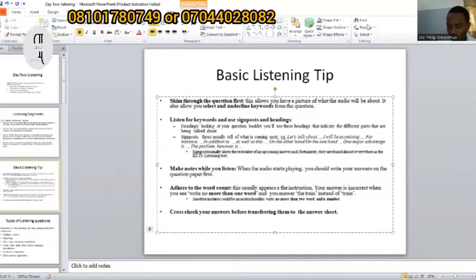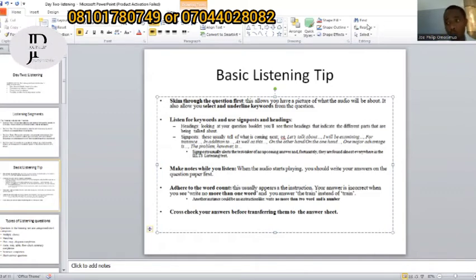When they are heading to a different part, there's usually a heading for it. If you have been practicing the listening, you will see that there's always a heading for each part.